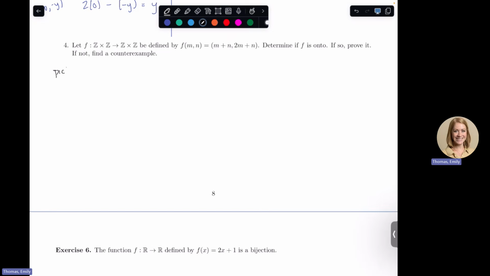So we're going to pick, what do we want to call our target ordered pair? Can't do A, B. Why? I mean, sure we could. Let's do A, B. Okay.